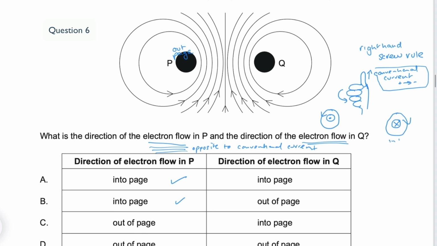Well, it's into the page. So we point our thumb into the page, which is conventional current. So the electron flow current is opposite to that, which is out of the page. And the answer is B.